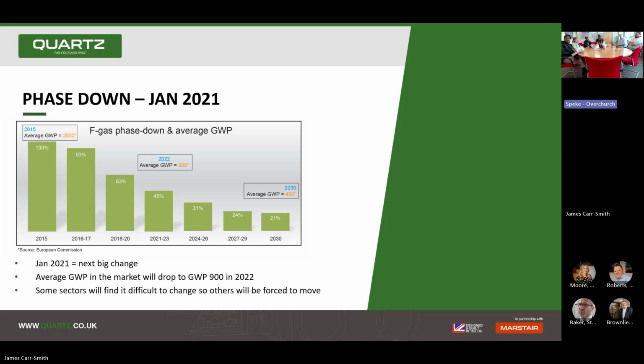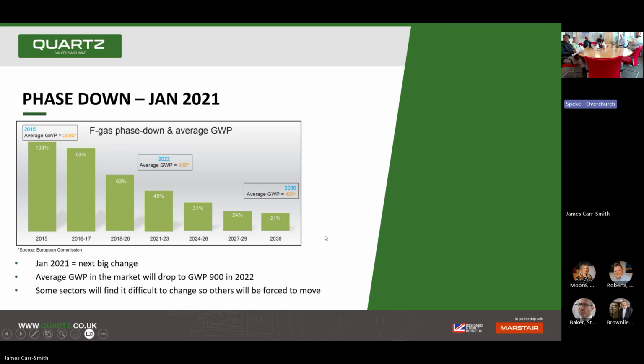A2L refrigerants, which are mildly flammable, are quite low. You've also got some of the more natural refrigerants, like R290 and R1270, which are flammable refrigerants, but have now quite widely been used in heat pumps and other systems. So this is the real change, is to get that average GWP down from an average of 2000 to, by 2030, down at 400.